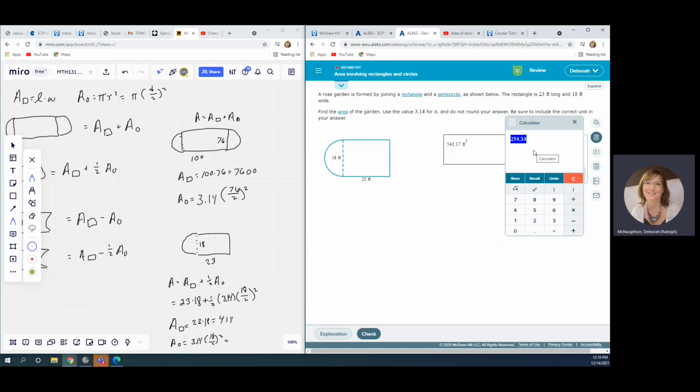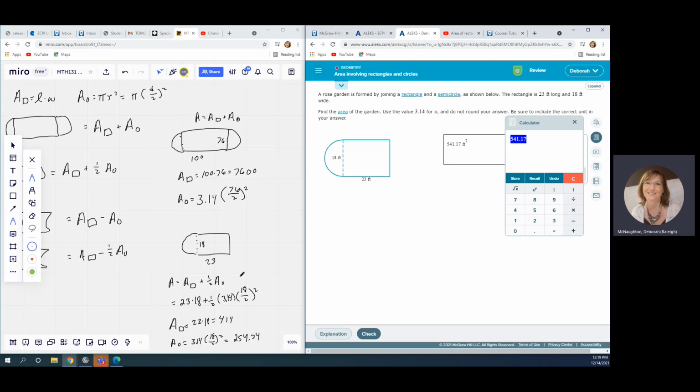The area of the whole circle is 254.34. And then I can go ahead and divide this area by 2 to get half the circle and add on the area of the rectangle, or I can do it in one step. So I could divide this by 2. That gives me half. This gives me the area of the semicircle, and then add on the area of our rectangle, which was 414. Just wanted to show you that gives me that same answer.